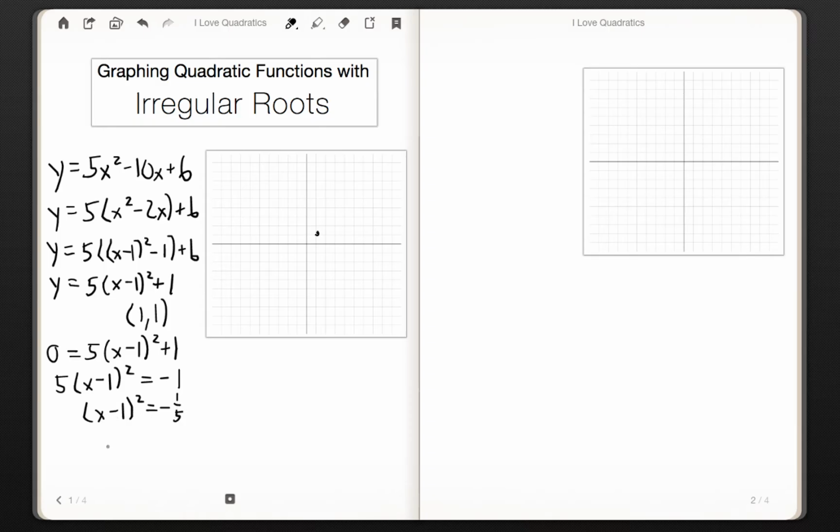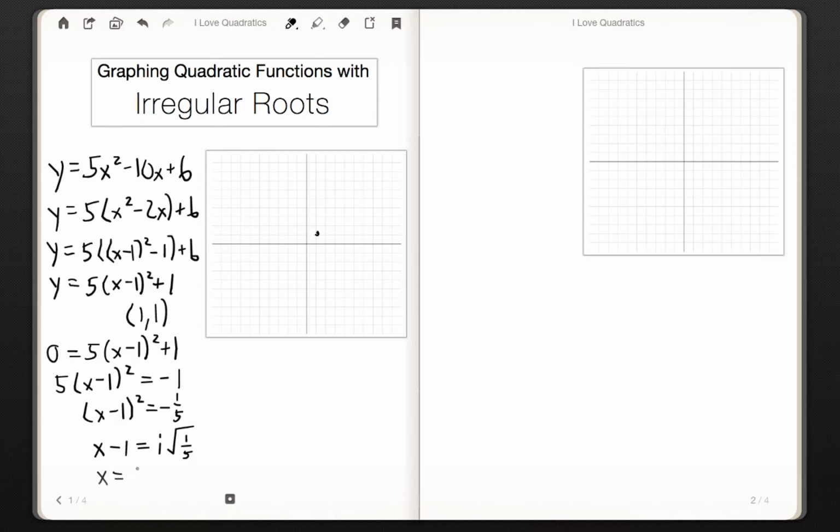Now we take the square root of both sides, and we are going to be left with the square root of a negative number. Square root of -1/5 is i times the square root of 1/5. So we have an imaginary number here.